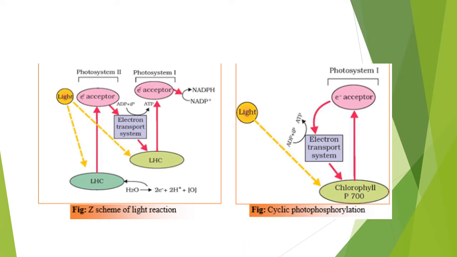This is the part where we are getting PS1 and PS2 together, the Z scheme first, and then the cyclic phosphorylation. We are focusing here on the LHC, the light harvesting complex, where P700 is the reaction center.